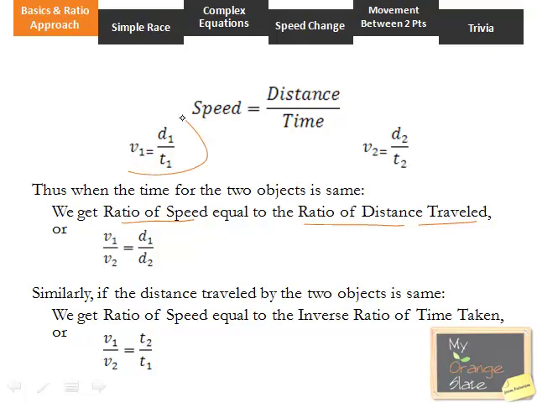Because we can express these two formulae as v1 upon v2 is equal to d1 upon t divided by d2 upon t. Since time is the same, t would cancel and we will have v1 upon v2 is equal to d1 upon d2.